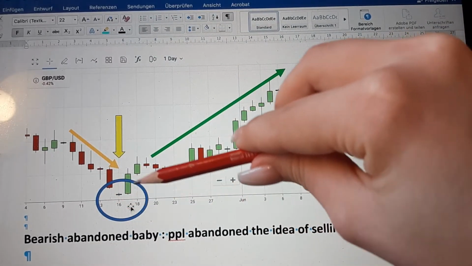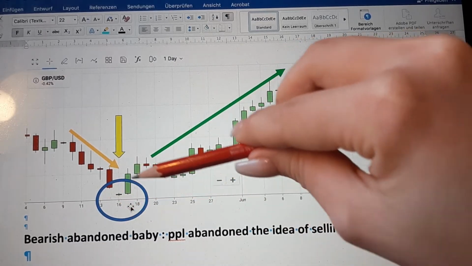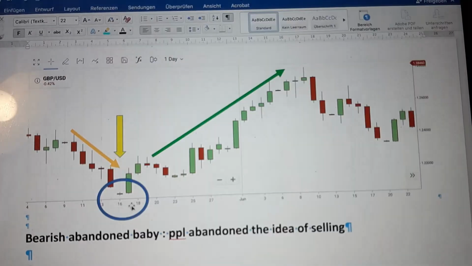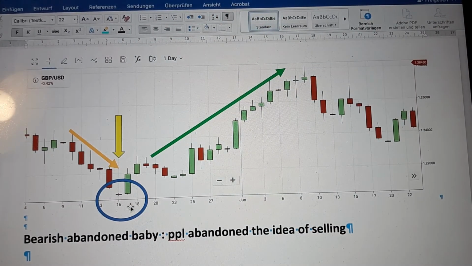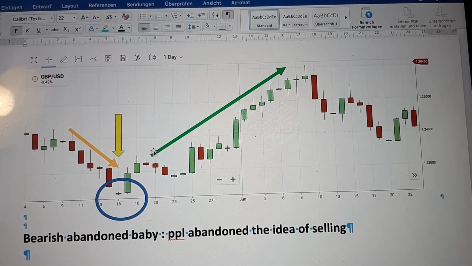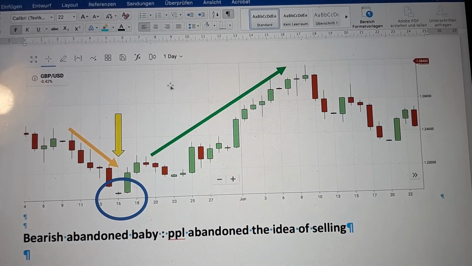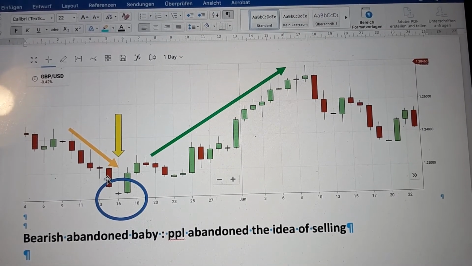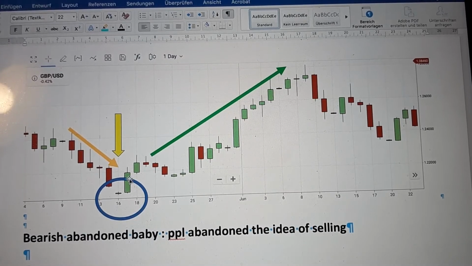People are no longer, all of a sudden there is a lack of motivation to continue with this downtrend. That's the very first example. This is a daily chart. These are basically days, Monday, Tuesday, Wednesday, etc.